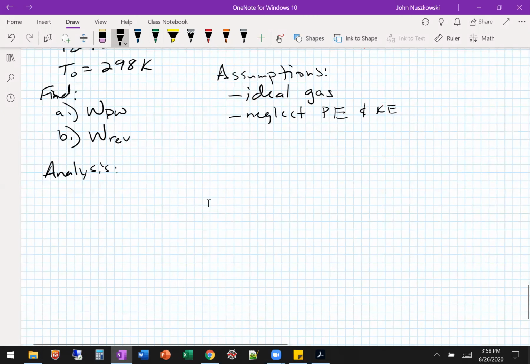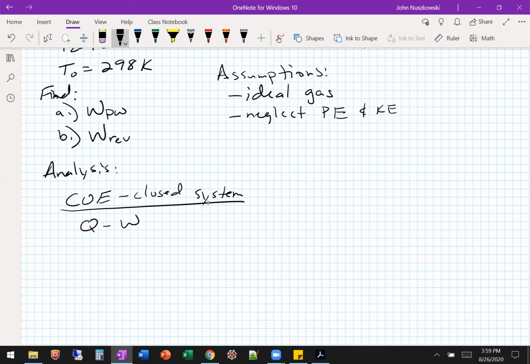All right, so what equation do we apply to get paddle wheel work? Just a chapter 4 problem, at least for part A. Conservation of energy, yeah, so our COE for a closed system, neglecting kinetic and potential.